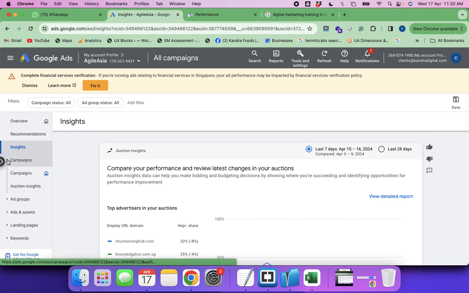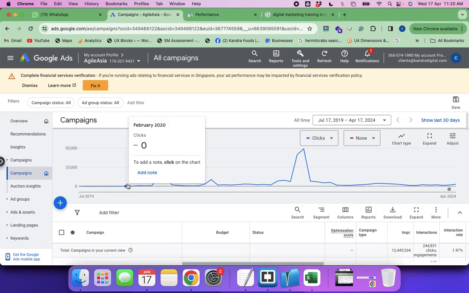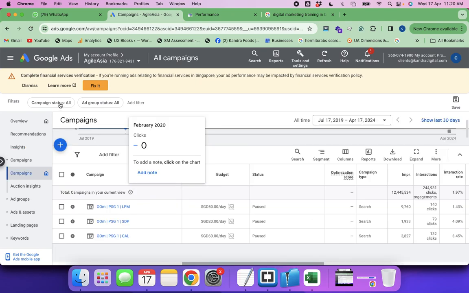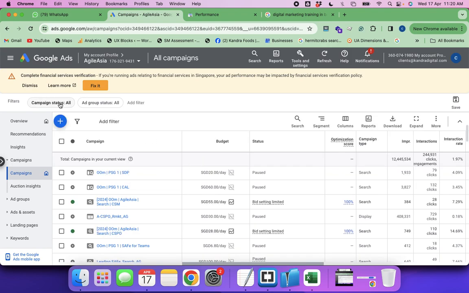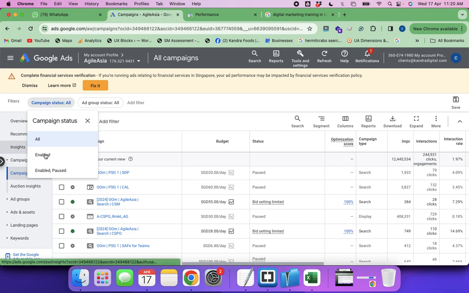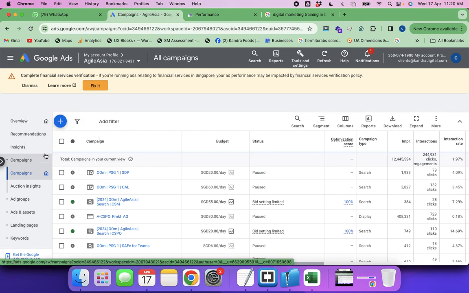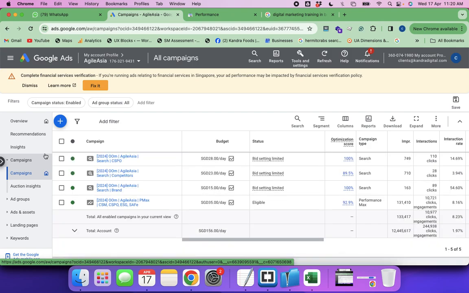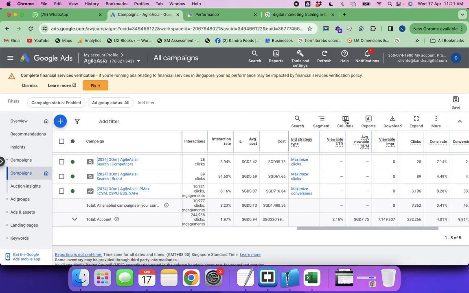Now this campaigns section. We already know that all the campaigns which are launched are going to be shown up here. Any campaign that you launch, I'll just pick enabled. Different kinds of convenience: you can set the columns.